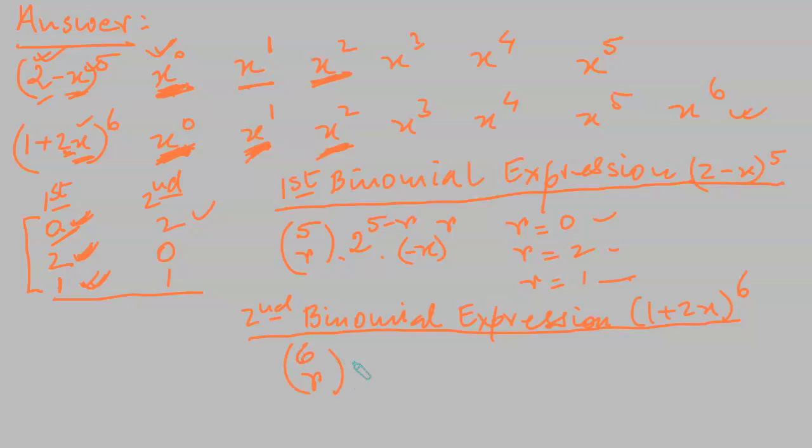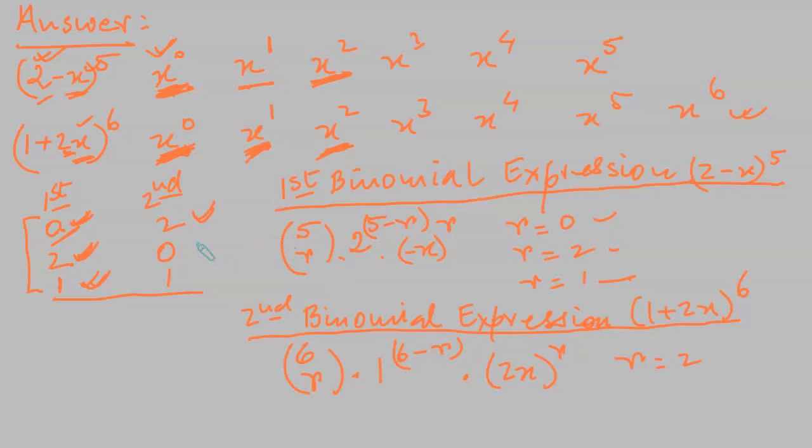It is 6Cr. The first term is 1, so it is 1 raised to the power of 6 minus r, and whatever is the power of 1, it will always be equal to 1, and 2x raised to the power of r. So when x is having a power of 2, r will be equal to 2.